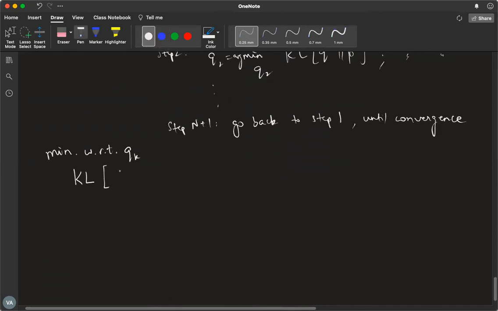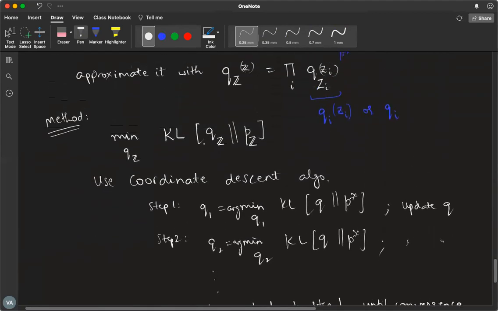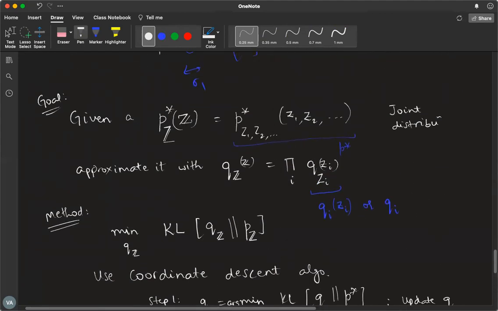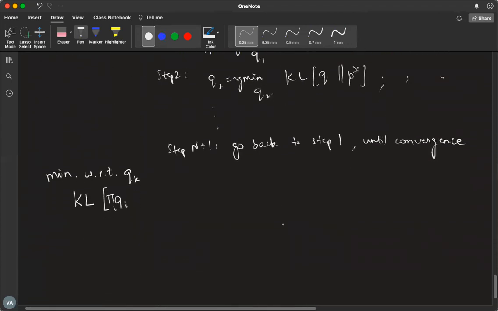So the KL divergence between the product over i of Q_i, right? You remember this? Product over i of all Q_i, and I have to find the KL divergence with respect to P star. So I have to minimize this with respect to Qk.